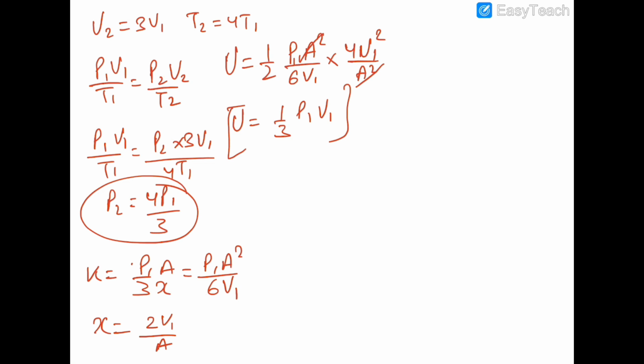This is the value of energy stored in the spring, and the work done by the gas will be equal to the sum of work done against surroundings plus work done against spring.